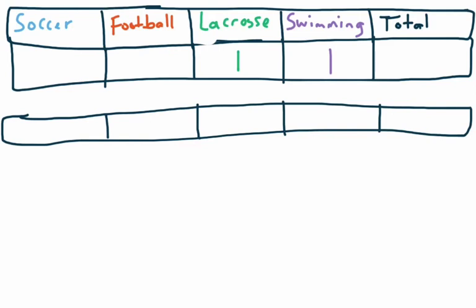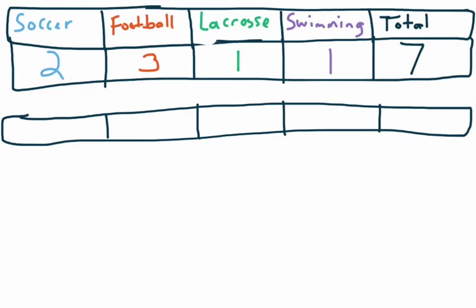Well, it's 1 times 2, which would make that 2. Football is triple the number of swimming, so that's going to make that 3. Okay? So we're going to add up these numbers to find our total for our equation. And we have 2 plus 3 is 5, plus 1 is 6, plus 1 is 7. So our total is 7 for our survey.